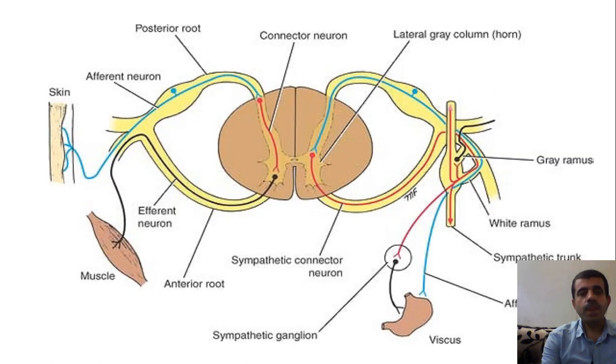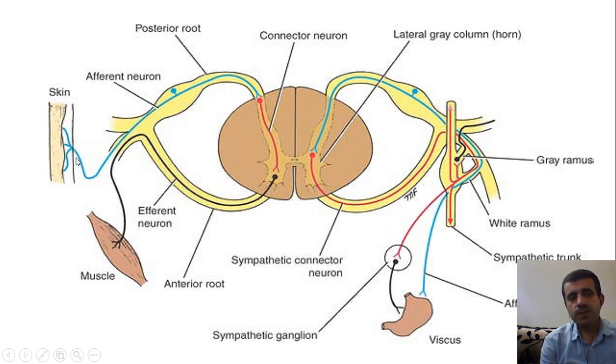Okay, so this is the spinal cord. Now, if you see, this is somatic nerve.